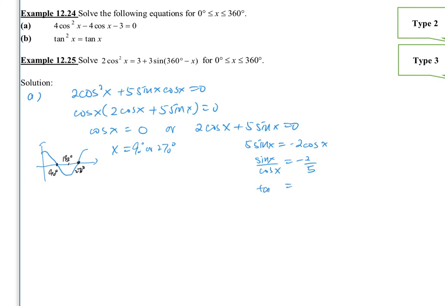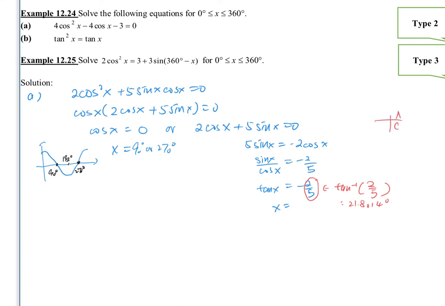So you get tangent x equals negative 2 over 5. And then check the beta. For the beta, we use shift tangent 2 over 5. That means the beta is 21.8014 degrees.